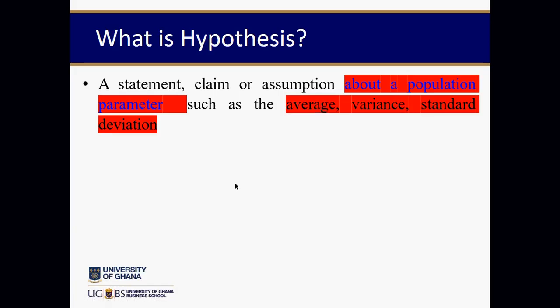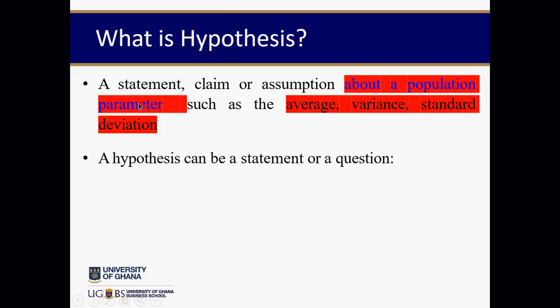So what is a hypothesis? A hypothesis is a statement, a claim or assumption about a population parameter, such as the average, variance, standard deviation, and so on. So it is more or less an assumption about a population. A hypothesis can be a statement or a question.